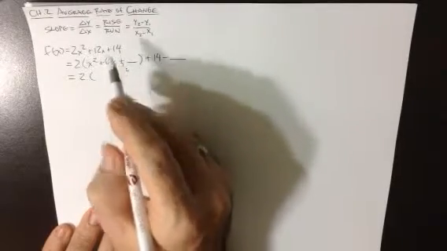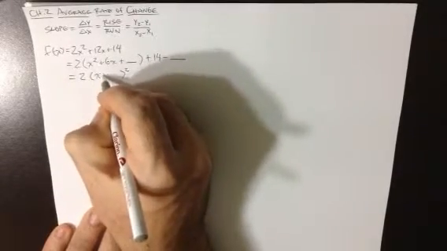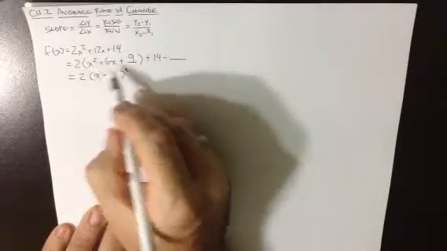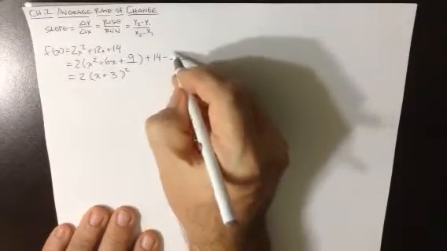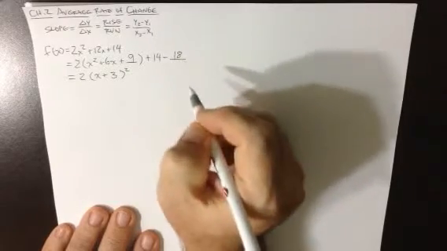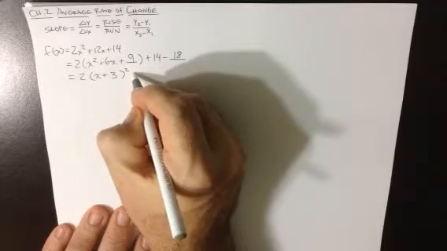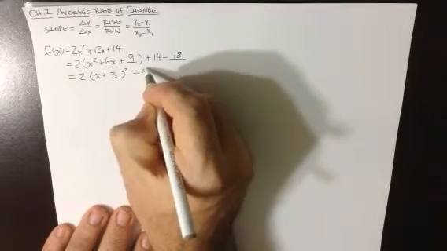Half the linear coefficient squared is 9, and 2 times 9 is 18, so we're going to need to subtract 18. So 14 minus 18 is negative 4.